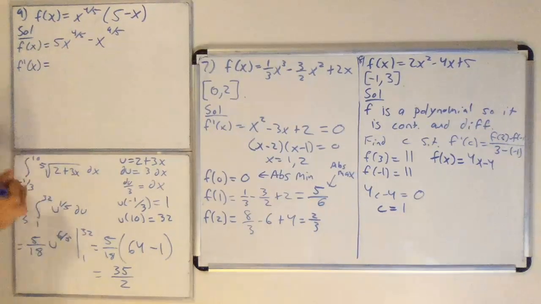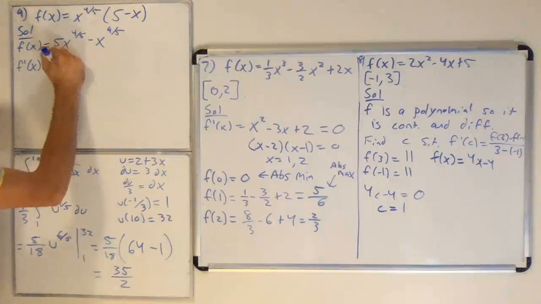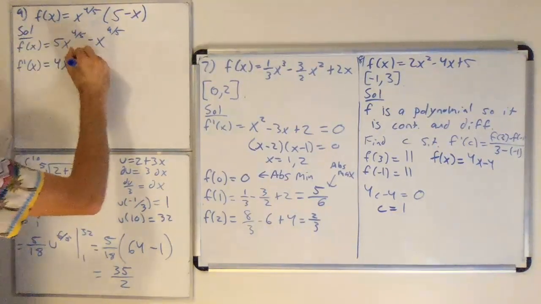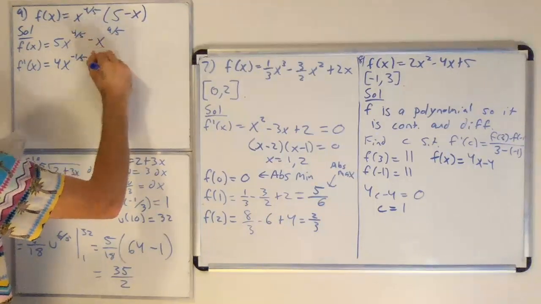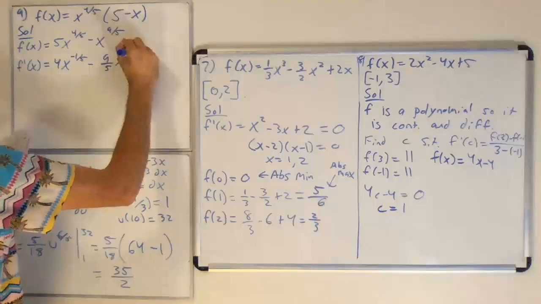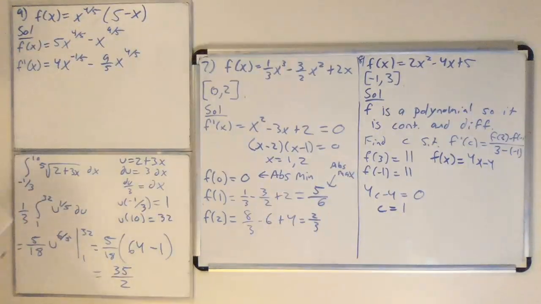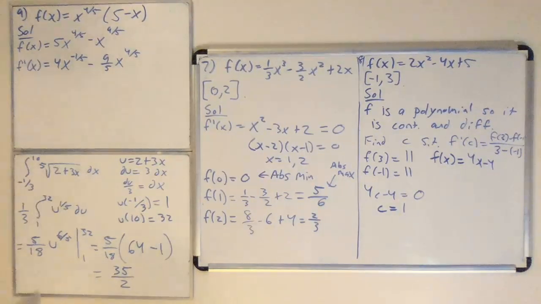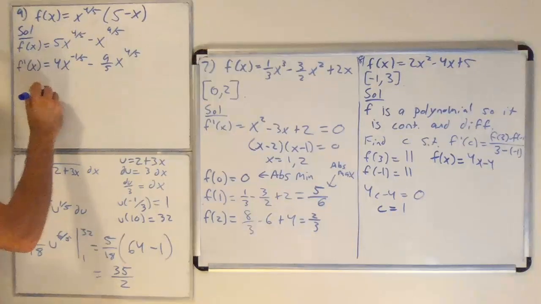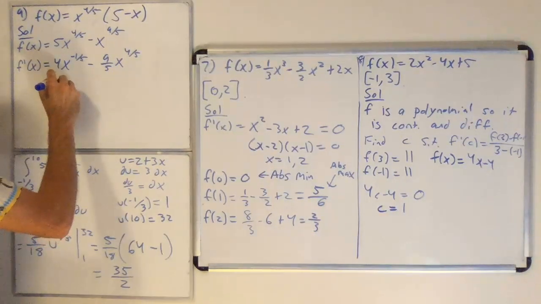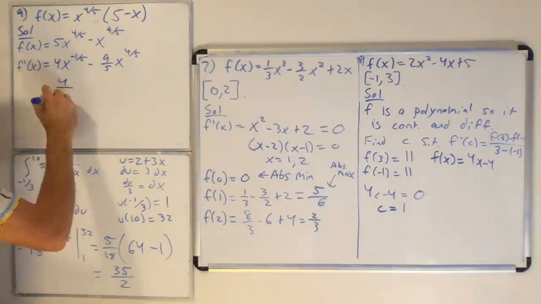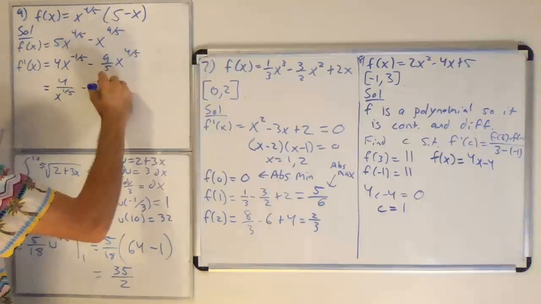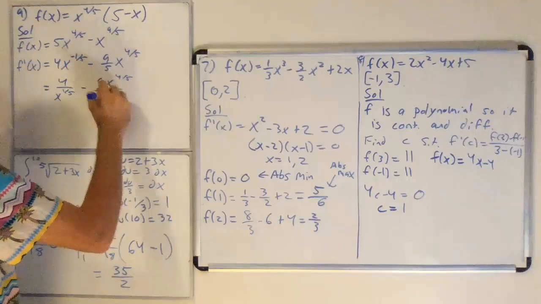So we get f prime of x is equal to 4 x to the minus 1/5 minus 9/5 x to the 4/5. And in order to find when this is 0 or undefined, we have to get rid of our negative exponents. So this is equal to 4 over x to the 1/5 minus 9x to the 4/5 over 5.